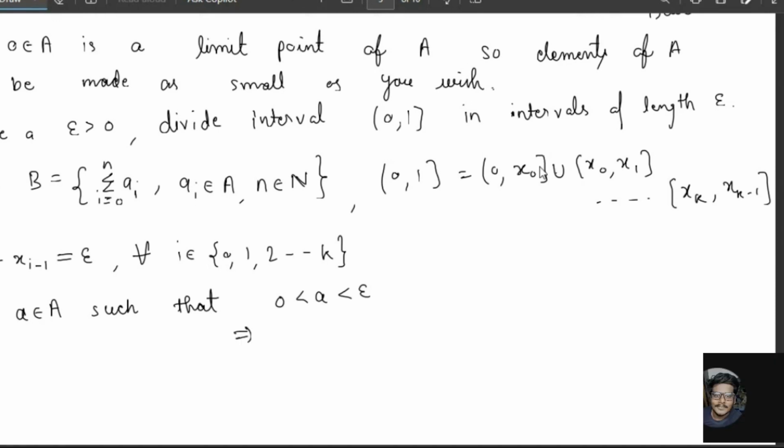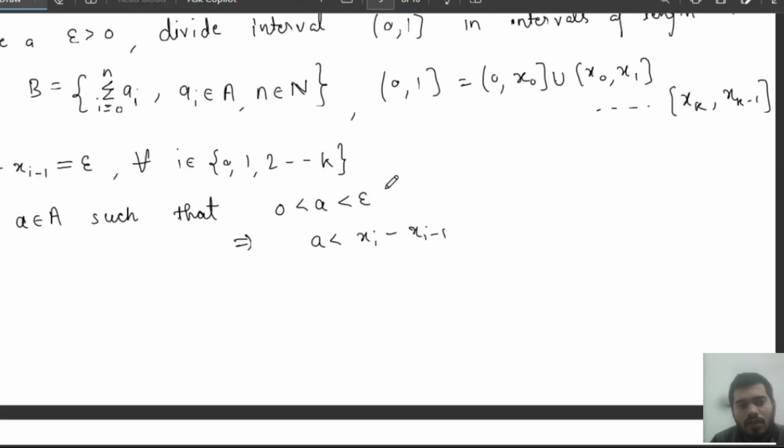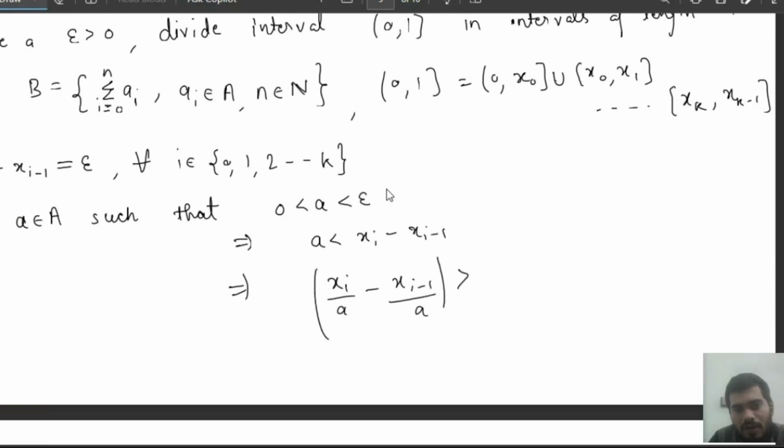This will imply that a is less than x_i minus x_{i-1}, because we took epsilon as that interval. It will imply x_i over a minus x_{i-1} over a is greater than 1, which will imply that the interval (x_{i-1}/a, x_i/a) contains a natural number, isn't it?